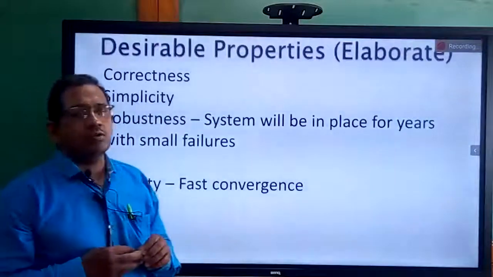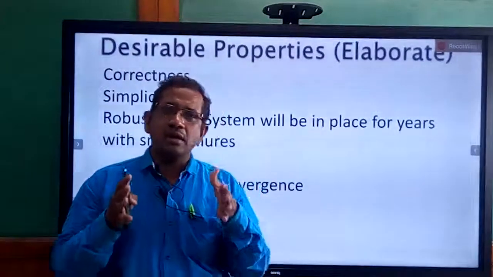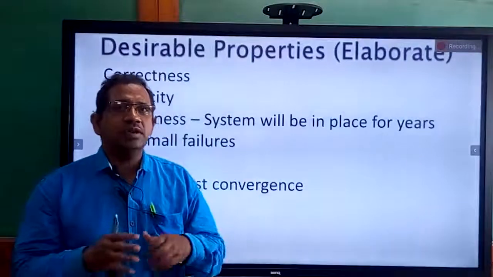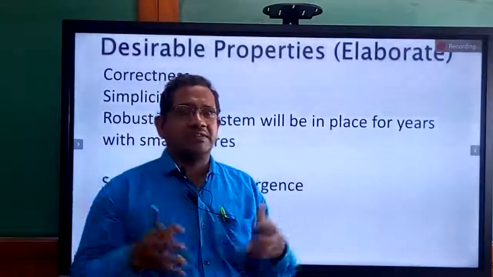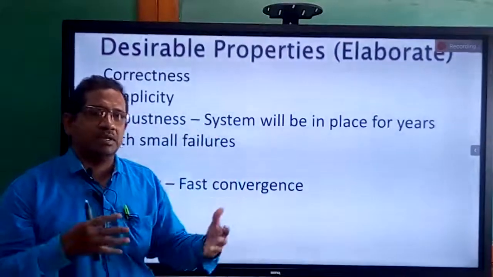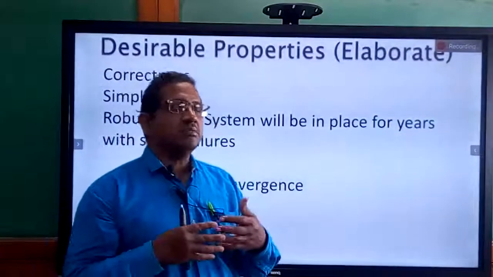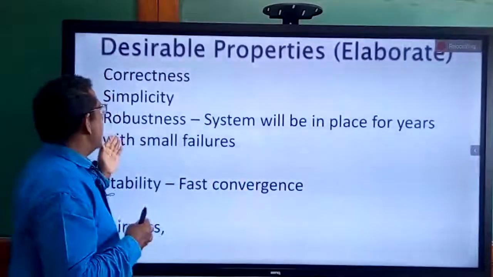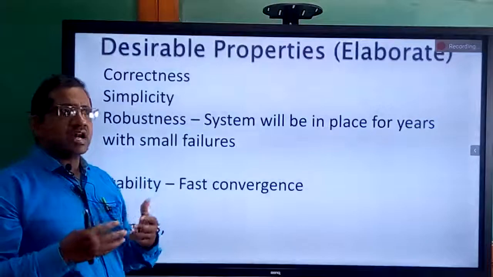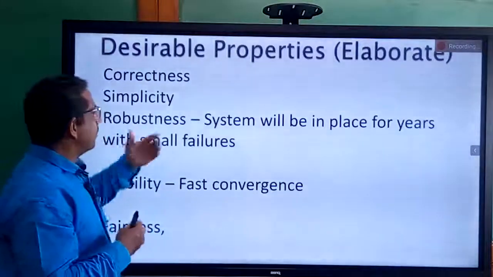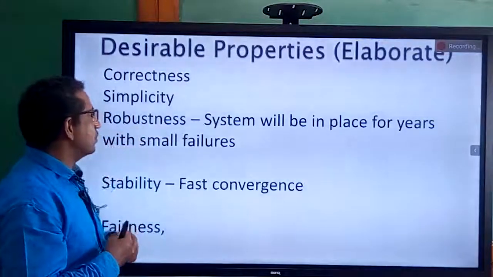What is the meaning of robust? The system should really run in spite of the errors that are happening in the system. That means in spite of problems happening in the network, the router system should really execute its task.